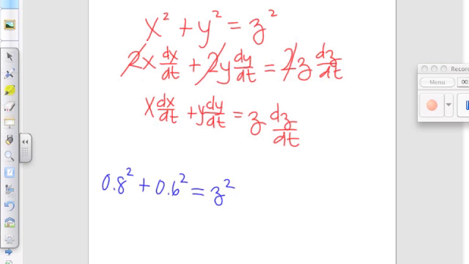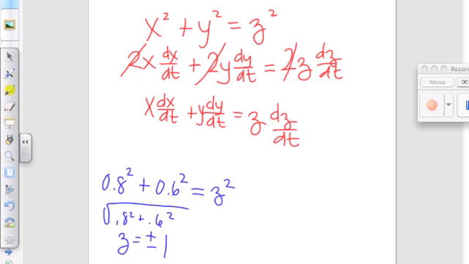If I solve all of this, I get the square root of 0.8 squared plus 0.6 squared, and my z is equal to plus or minus, what do we get? What do you guys get? You should get 1, right? 0.64 plus 0.36 is equal to 1. Square root of 1 is 1.